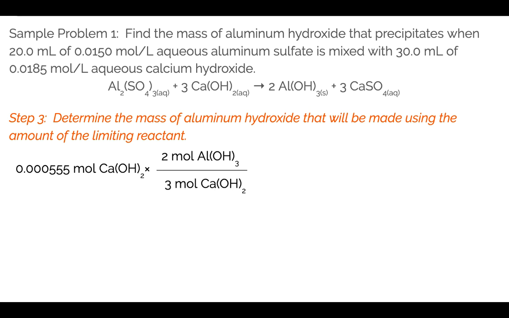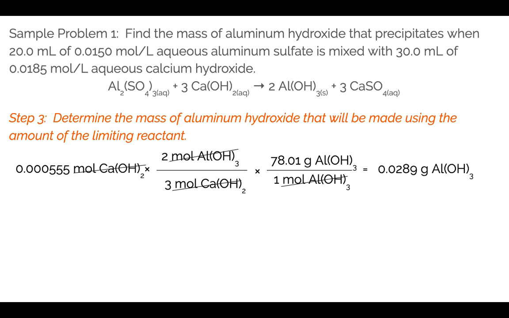We're going to use the mole ratio to find out how many moles of aluminum hydroxide would be created. And then we're going to use the molar mass of aluminum hydroxide to figure out the grams that would be created. So when you calculate that out, you get that there are 0.0289 grams of aluminum hydroxide precipitated when those two solutions are mixed.